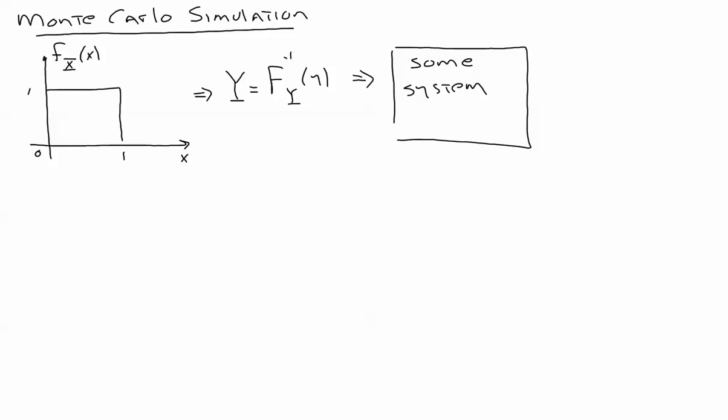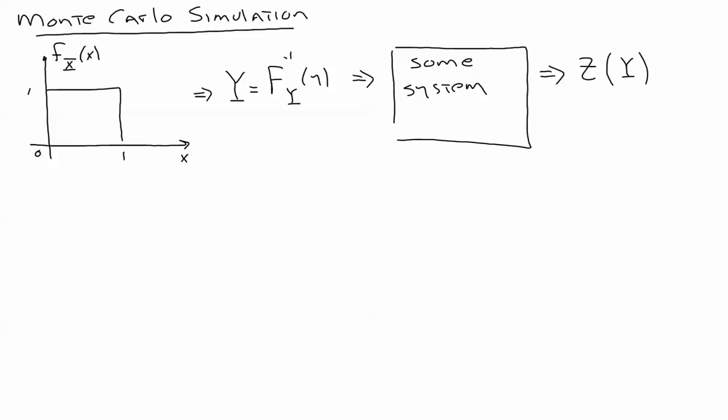That system is going to be described by some function, and I'm going to have an output, let's call this z, which will be a function of input y. Does that make sense?